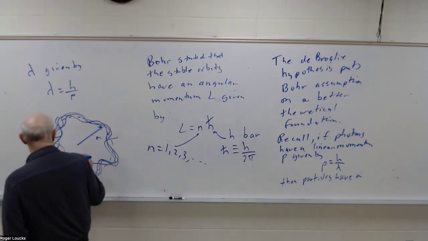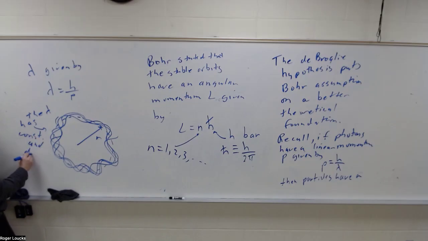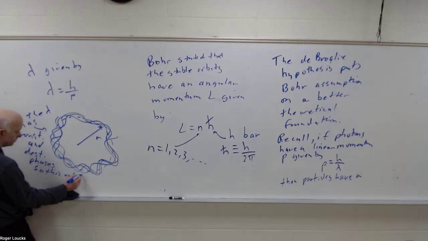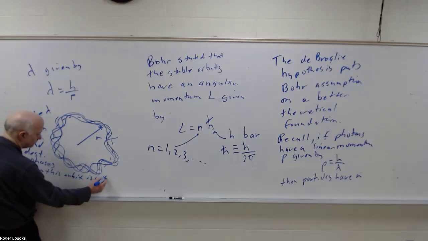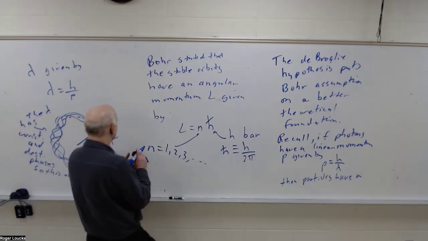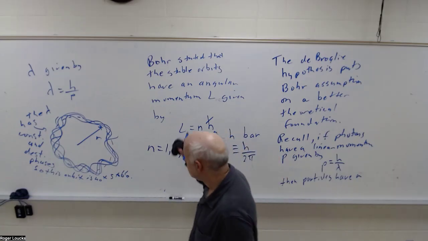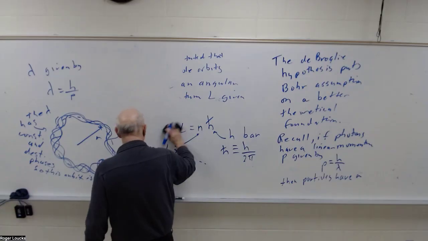So in this case lambda has constructive and destructive phases. So this orbit is not stable. Okay. This is all garbage, I'm telling you. It's going to get the right answer. We'll eventually do this correctly.